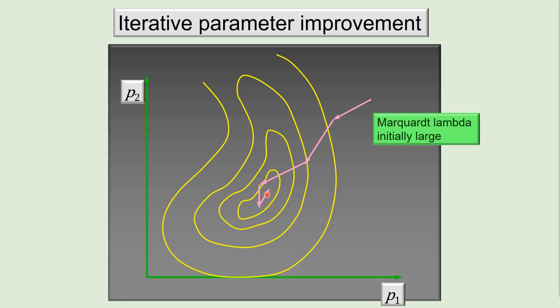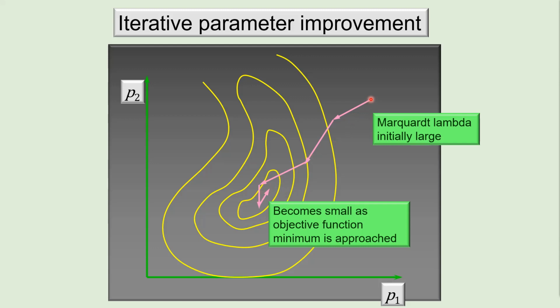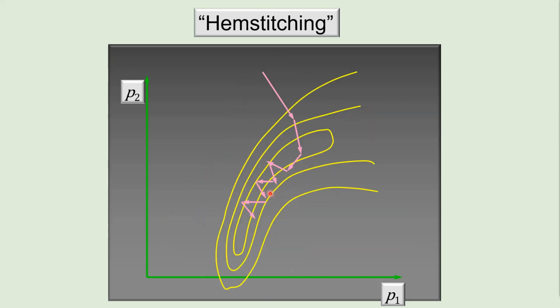Those equations are much better for finding the minimum of the objective function where objective function contours are elongate like this. So ideally, the Marquardt lambda should start off large, but it should decrease as we approach the objective function minimum. If it doesn't decrease, we have a bit of a problem. That problem is that the method of steepest descent is not very good at finding its way into these narrow valleys in parameter space.